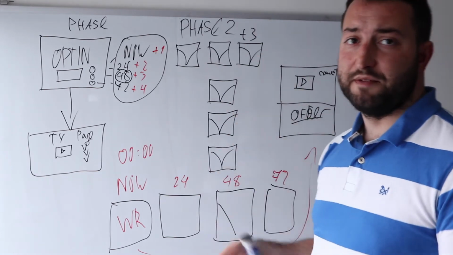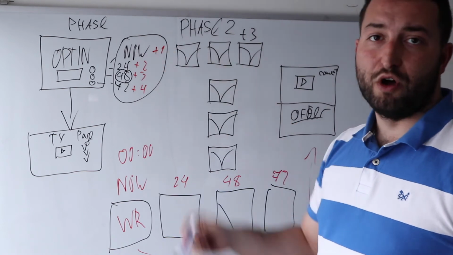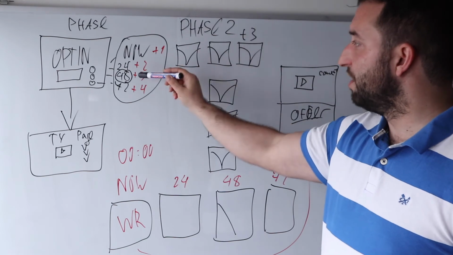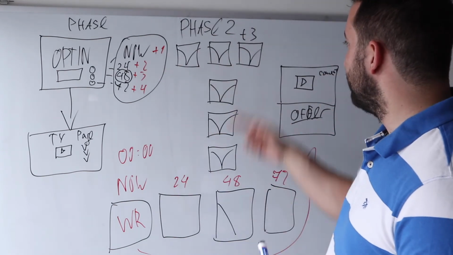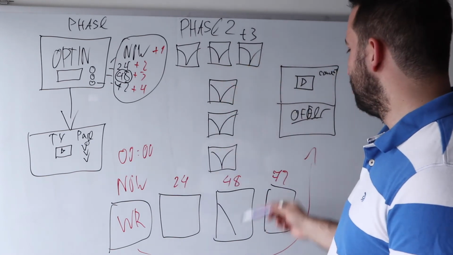And then you've got an email sequence depending on how many emails you want to send until the video is available to them. There is a link inside the email which leads to a waiting room.